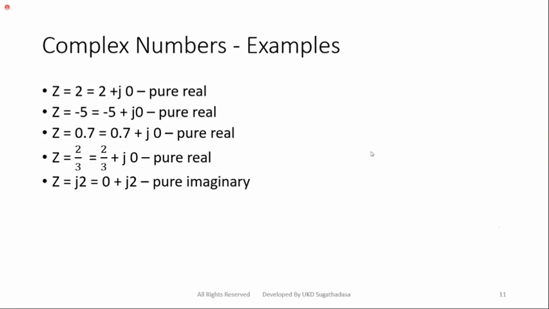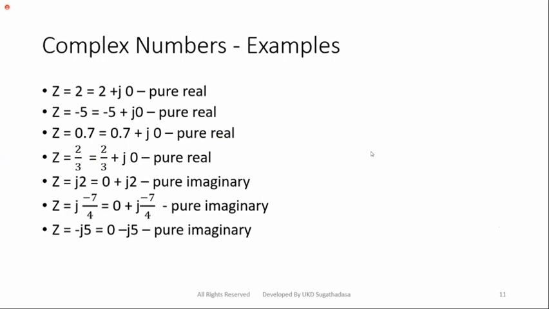Sometimes it could be a pure real, sometimes a pure imaginary, or sometimes both parts are included. The final one you see there has both real and imaginary parts: 2 plus J5. I think now you can understand the very elementary concepts regarding complex numbers, the common Cartesian form.